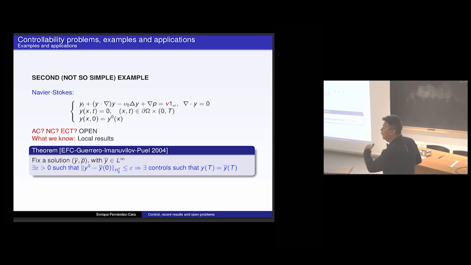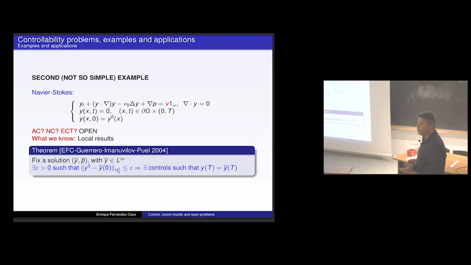The second example is not so simple, rather more complicated: Navier-Stokes. In this case, we know that there is a local result. It was proved a long time ago by us. It says that if y naught is sufficiently small, it is possible to find v such that y at capital T is equal to 0.